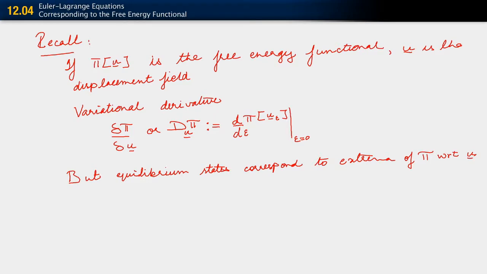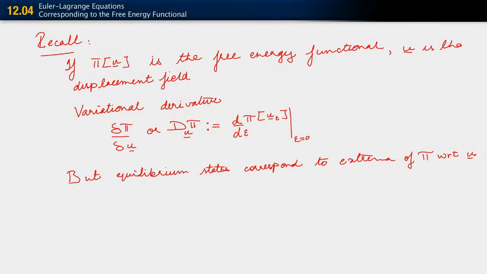Now we take the approach that we know from traditional calculus, which is to say that extrema of sufficiently smooth functions are reached when the derivative, the first derivative, goes to 0. Okay? So likewise, we're going to say that assuming that pi is a sufficiently smooth functional of the function u, an extremum is obtained when this variational derivative, as defined here, vanishes.